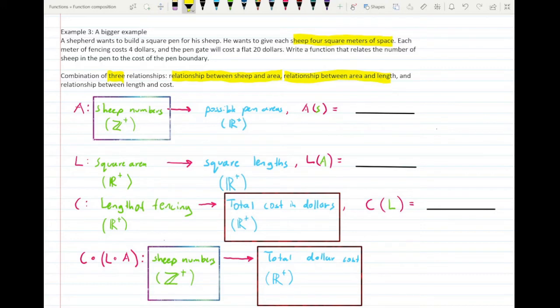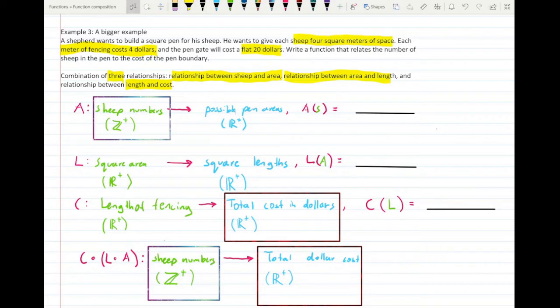And finally, we have the relationship between length and cost, where each meter of fencing requires $4 plus a flat $20. Now, each of these intermediate relationships is much easier to write out than the composite relationship directly, right? So we're going to write each of these out by themselves.